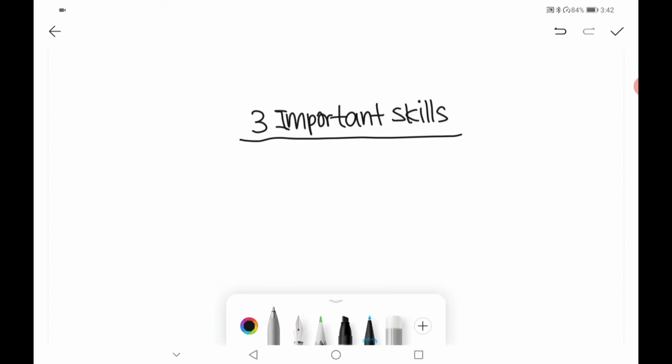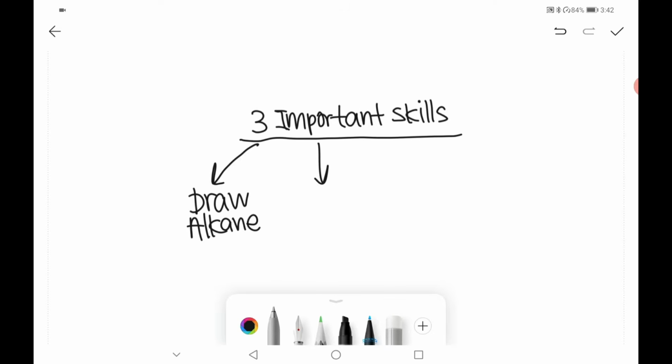But in today's lesson, we will spend a long time, because this is the first time you learn about the 3 skills. So the first skill is called drawing. You need to know how to draw the alkane.